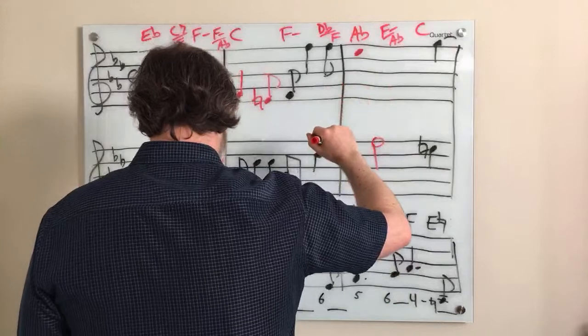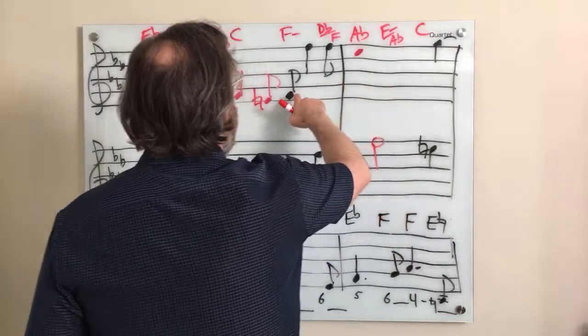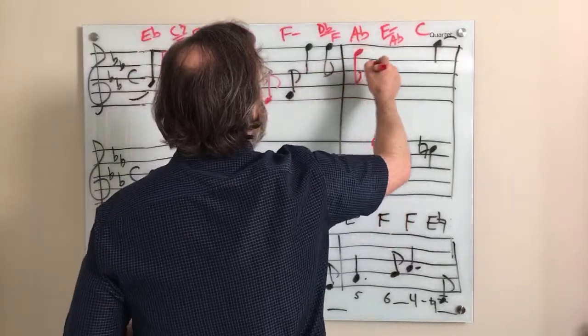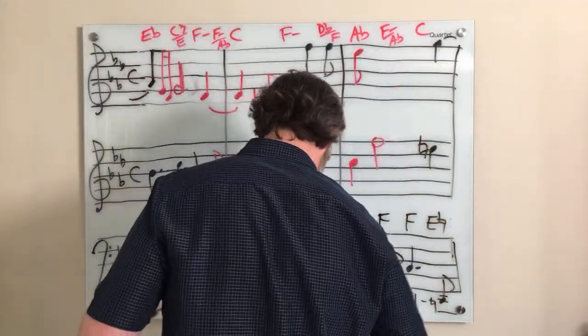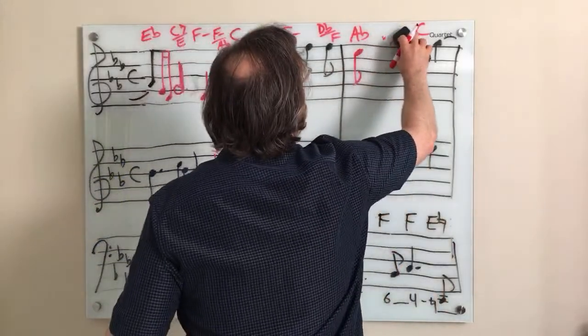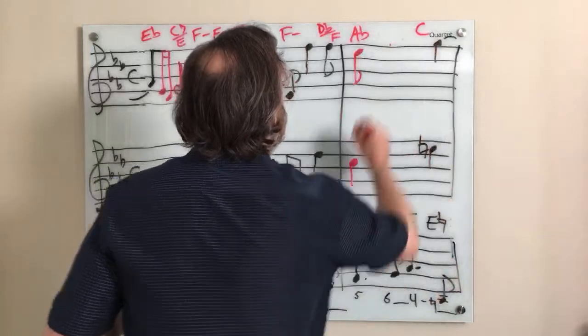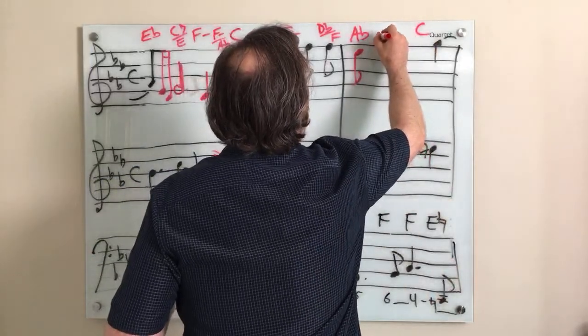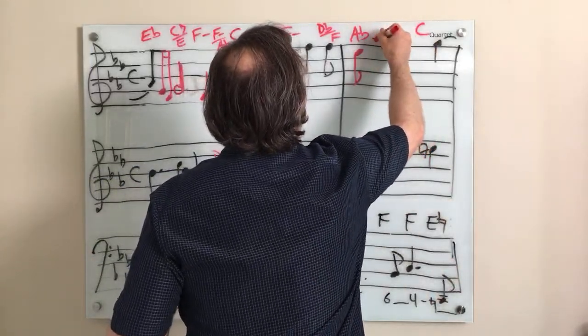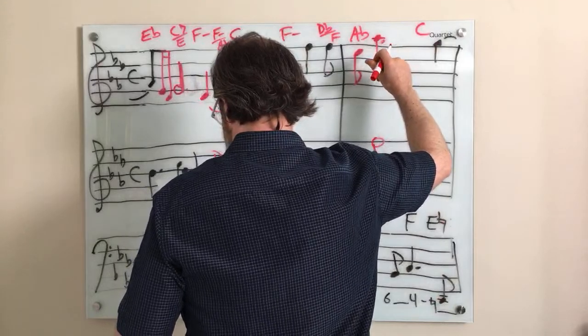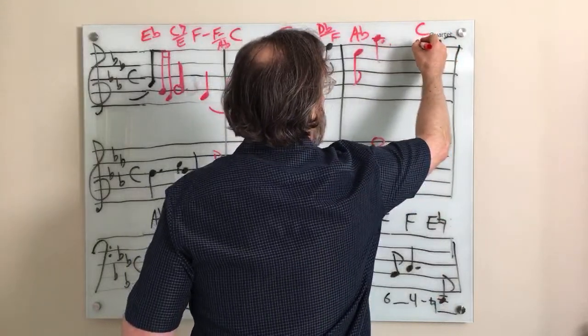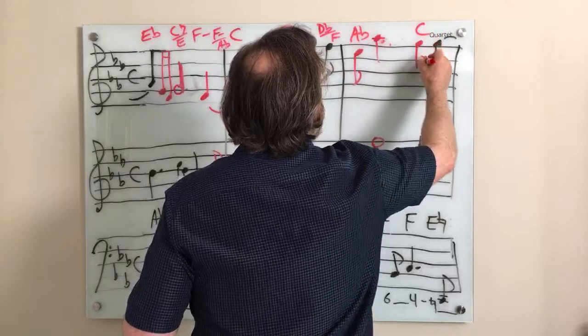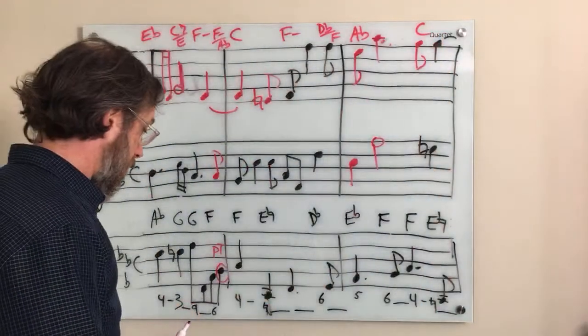So I would like to keep this same pattern going. I'm going to try to be creative, right? And I'm going to erase this so I can have a little bit of room. And then I'm going to do an anticipation for the G. Right there.